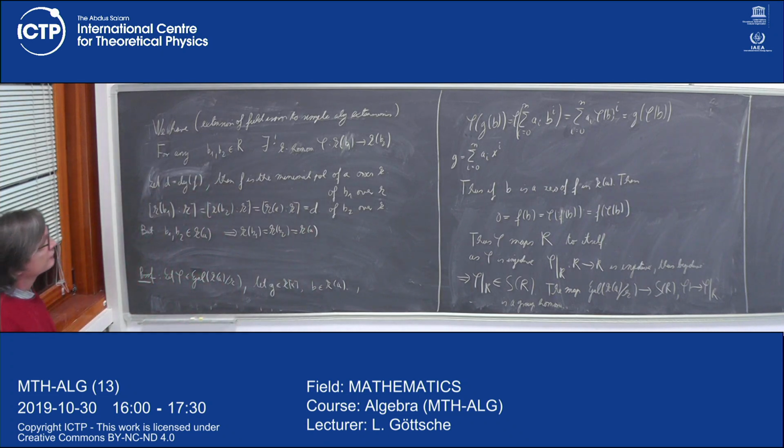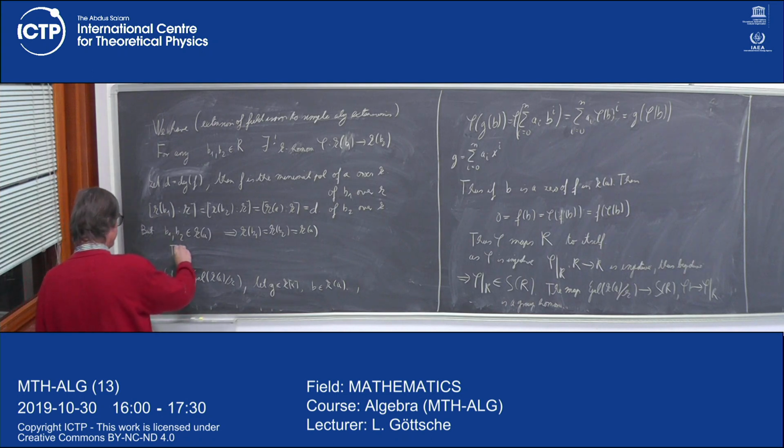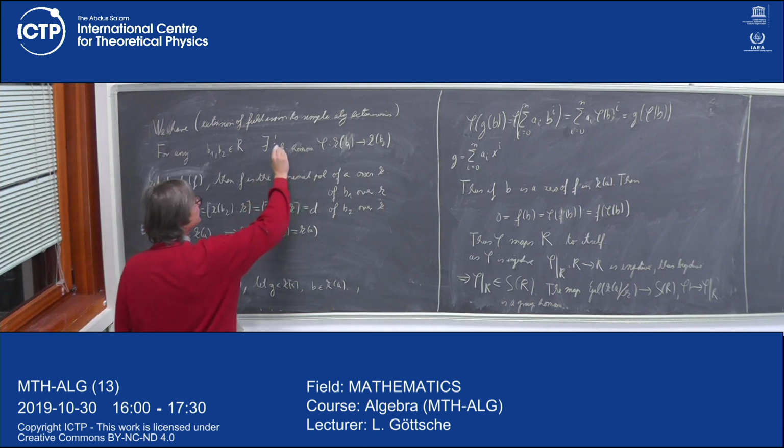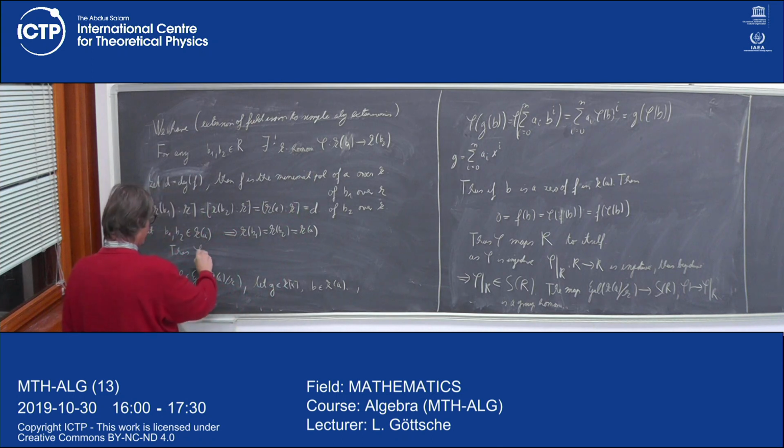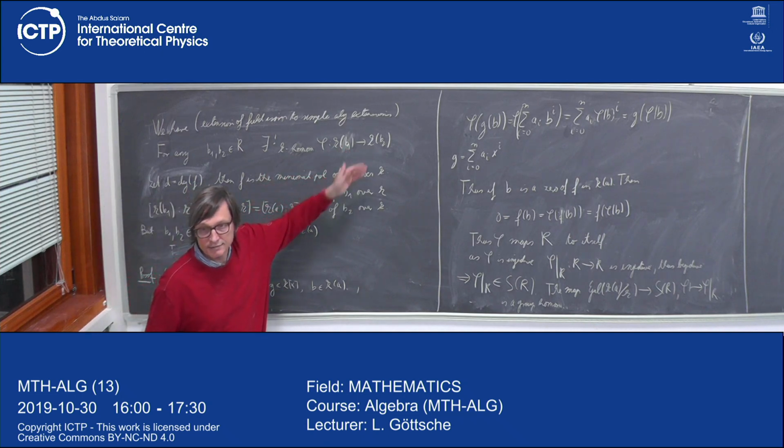And so therefore, this element phi is an element in the Galois group, since the K-isomorphisms from here to here are the same as elements in the Galois group.